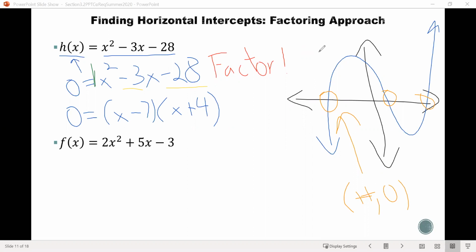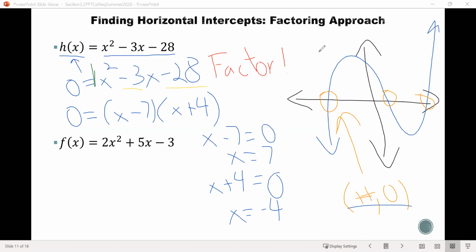And now hopefully this looks really familiar because we have 2 things being multiplied equal to 0. We know to solve that we can set each piece equal to 0. And so when we do that, we get x equals 7, x equals negative 4. And as I mentioned over here, our horizontal intercepts always have the form number, comma, 0.